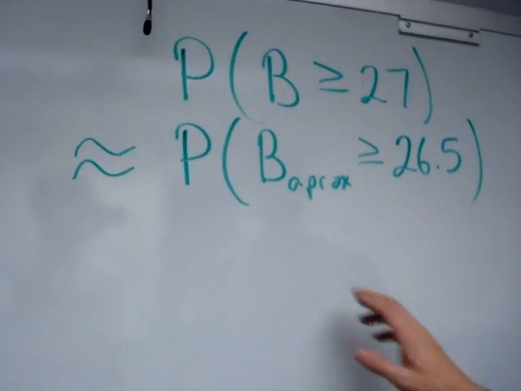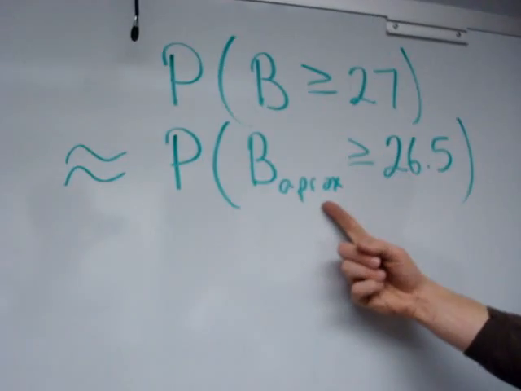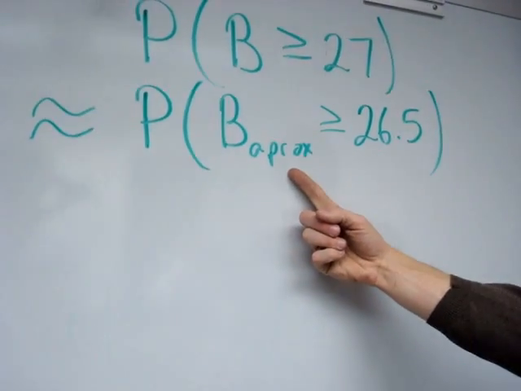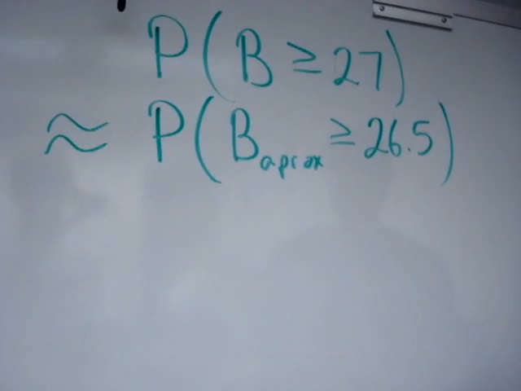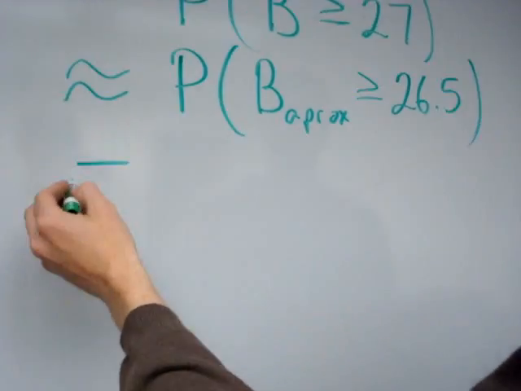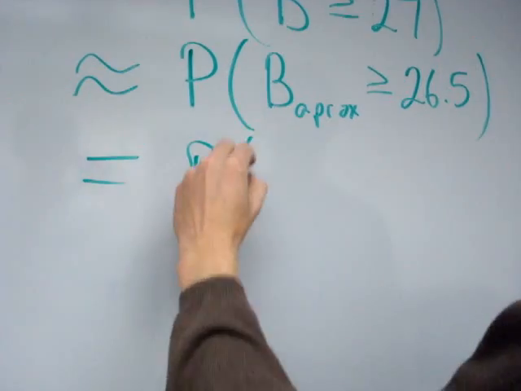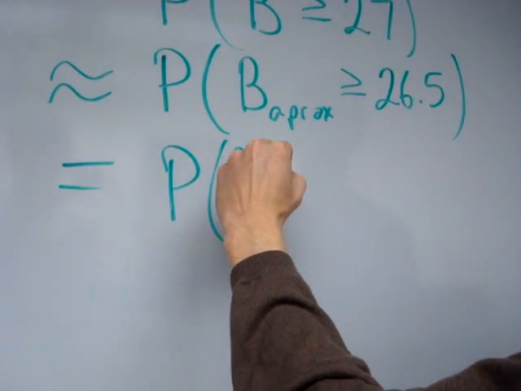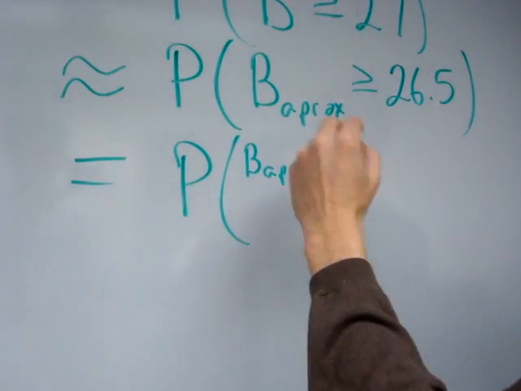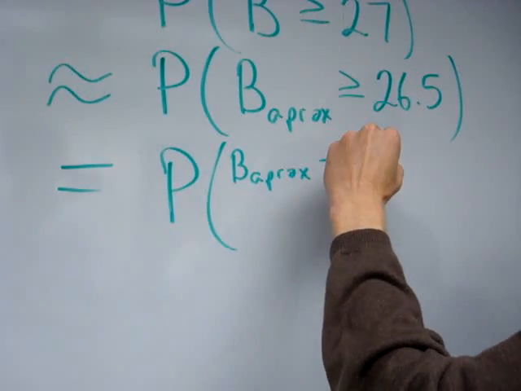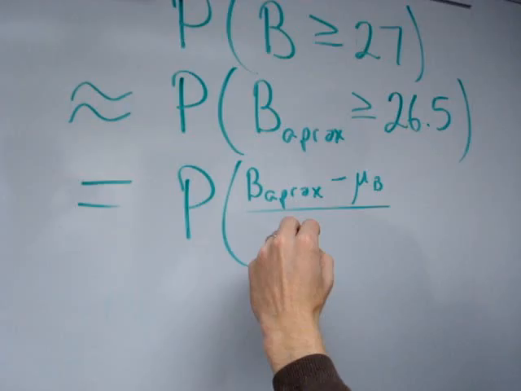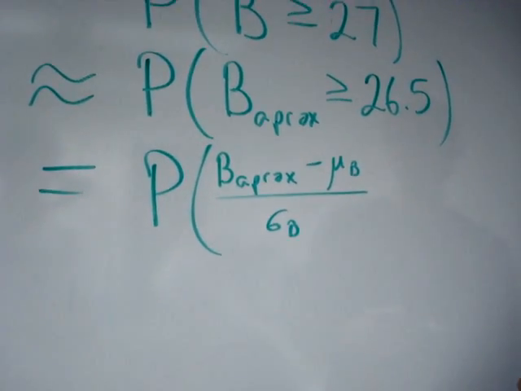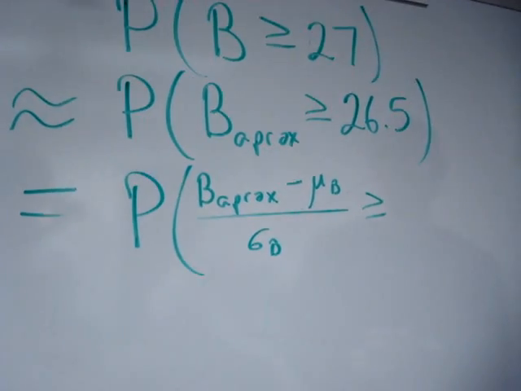Okay? And so B approx is normal, at least approximately normal. So we can just go ahead and standardize this and solve this in our usual ways. So B approx, we'll subtract its mean, which I think we called mu B, and we'll divide by its standard deviation, which we called sigma B. And this thing will be at least approximately a normal 0, 1.